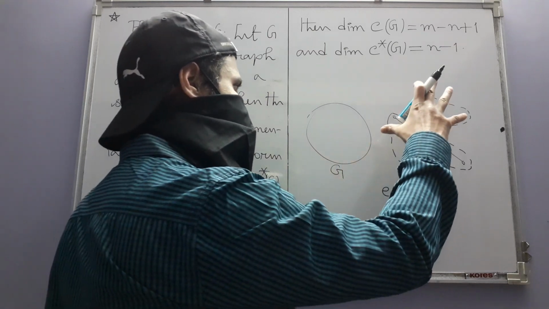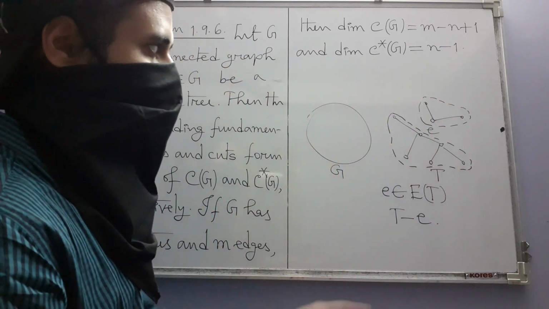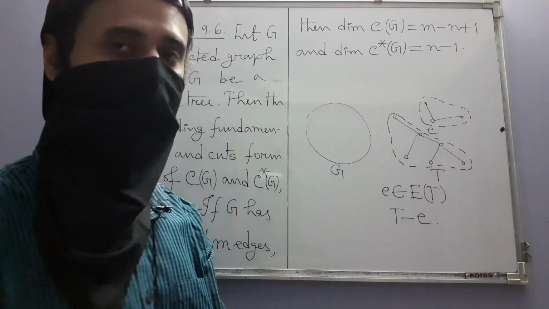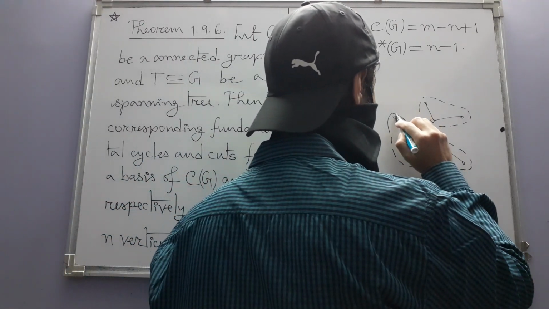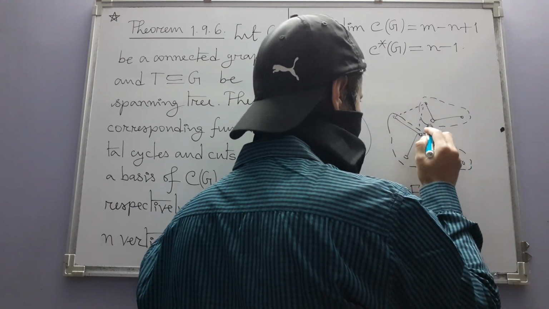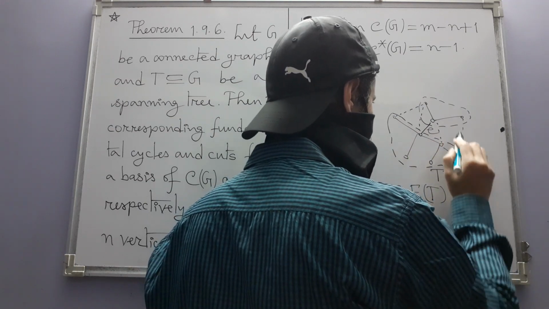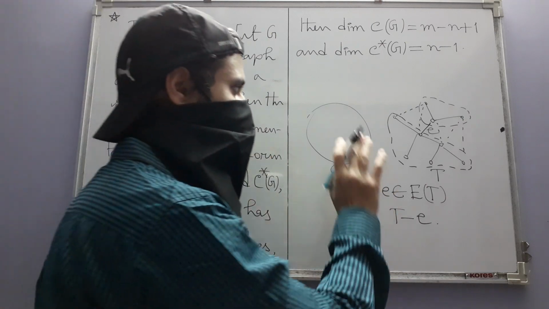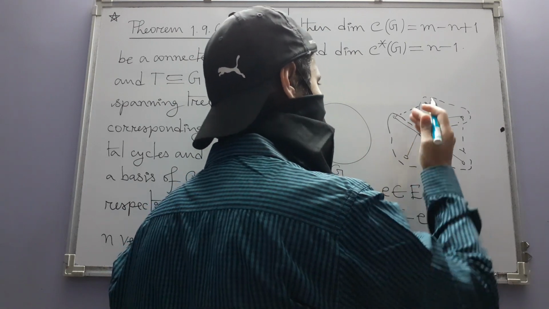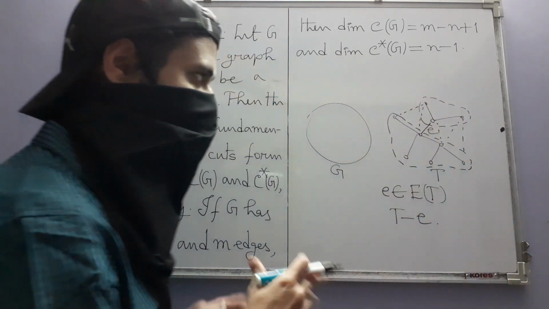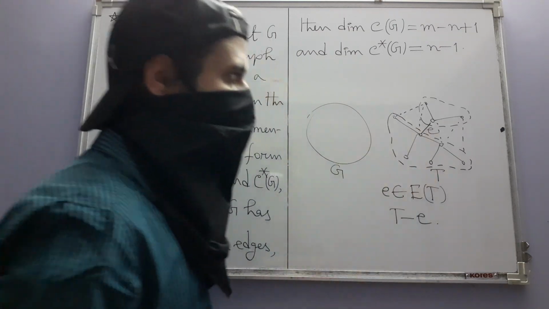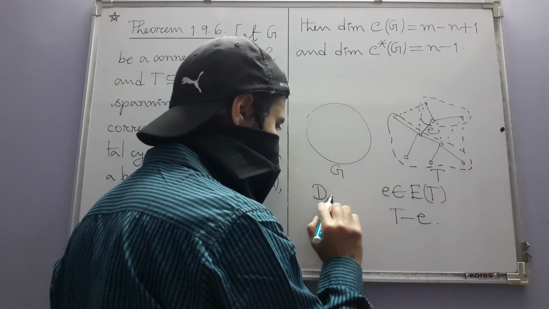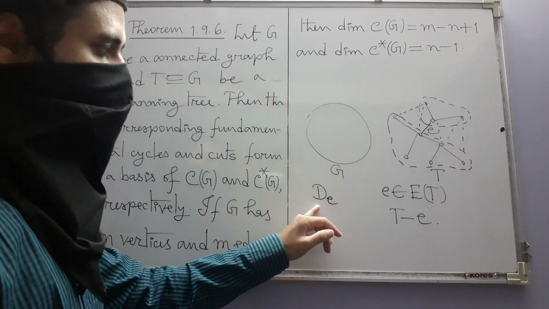But if you think of this entire thing inside the actual graph, in the actual graph also maybe there were some edges which we deleted in order to get T from G. So if you think of those absent edges along with this E, of course, then whatever may be there in the original G, those edges that have one end in this component and the other end in that component, including this edge E also, then that set of edges which we have already denoted in the previous video by DE forms a bond.